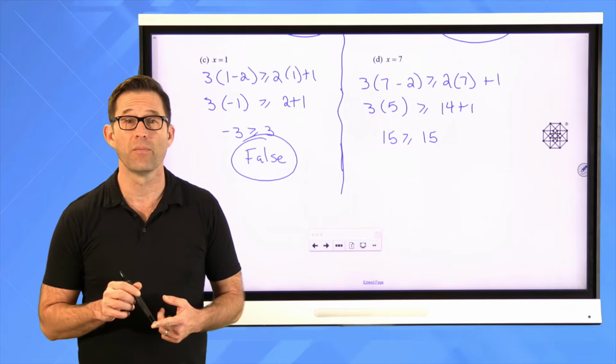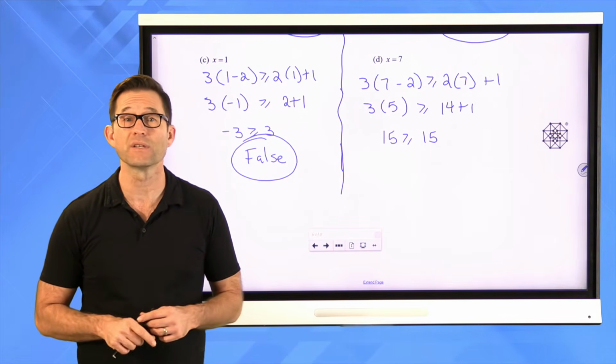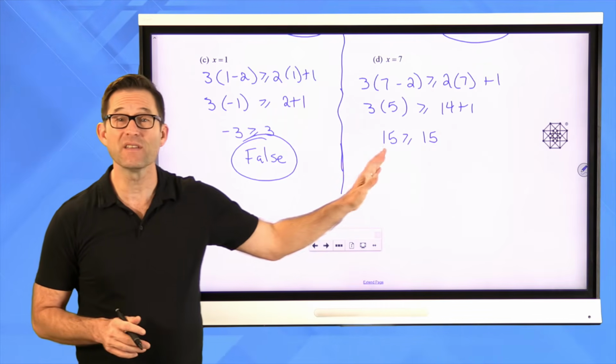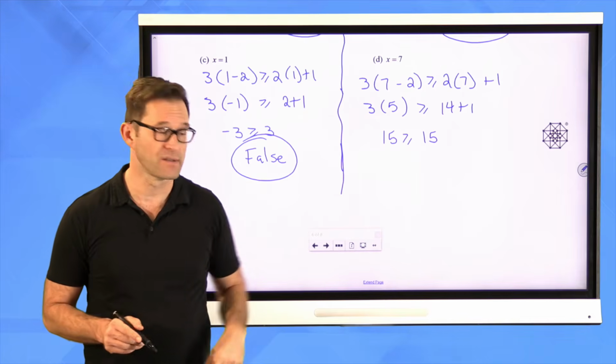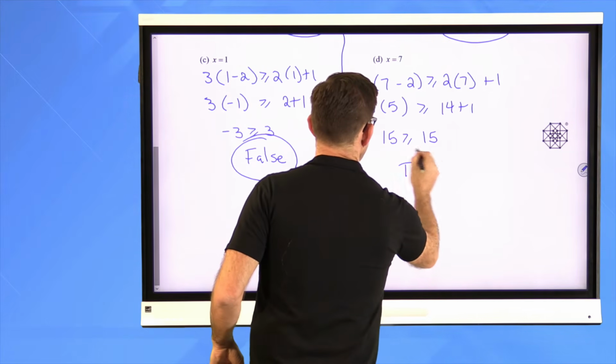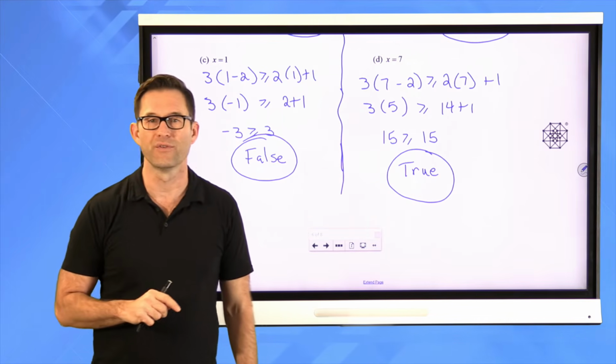I've never actually even played lacrosse, but I had to come up with another sport. So this thing is true because one of those two things is true, the fact that 15 is equal to 15. So very important that you understand how to interpret that greater than or equal to.